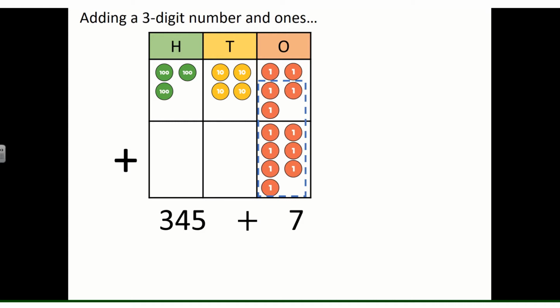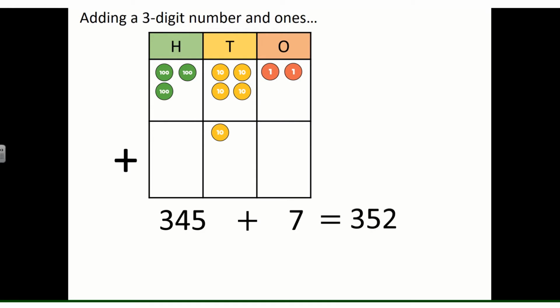I can combine some of them together to make 10, and I can exchange 10 ones for a 10. That leaves me 2 in the ones column, 5 in the tens column, and 3 in the hundreds column. 352.